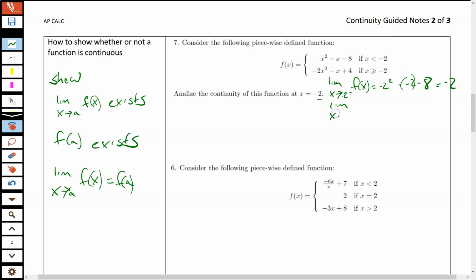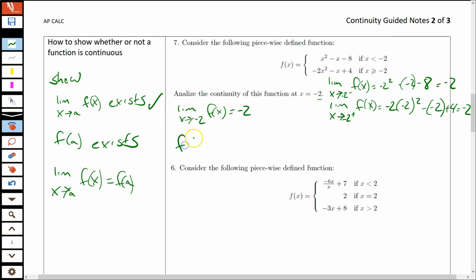The right limit is going to be what I get when I plug it into the other piece, the upper piece, the greater than -2 piece, which is also -2. So that means that the limit exists and is equal to -2, I should say, right? So I've shown that that limit exists, so check.